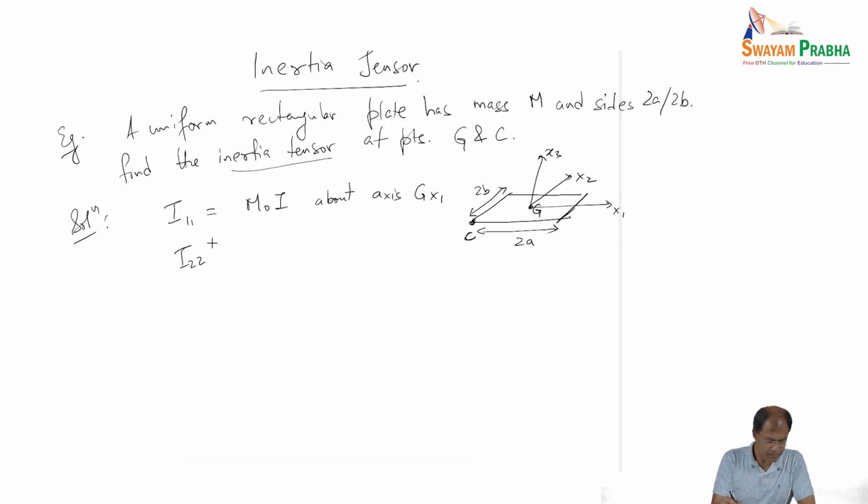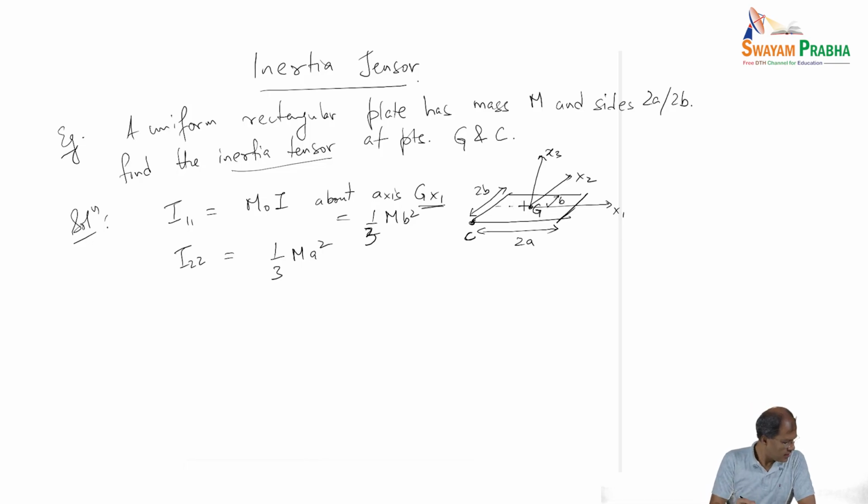I11 will be 1/3 mb square, the perpendicular distance from the axis Gx1, and similarly I22 will be 1/3 ma square, again with the perpendicular distance.